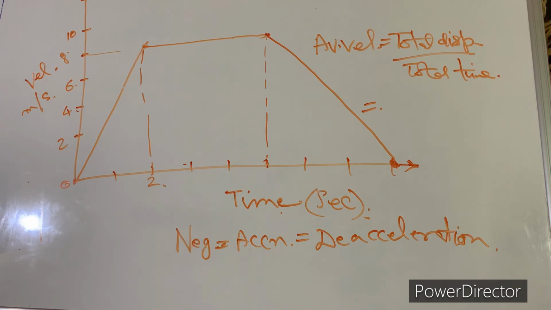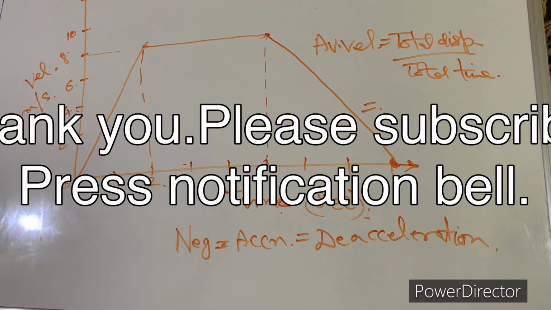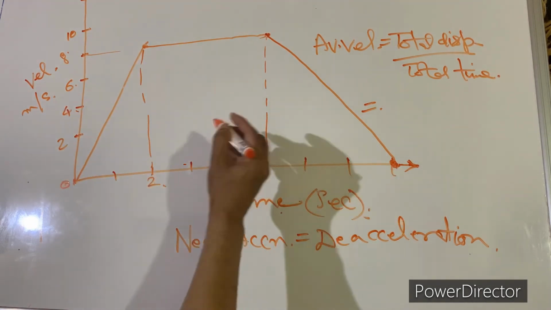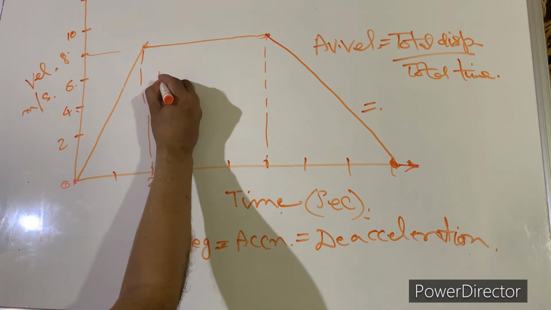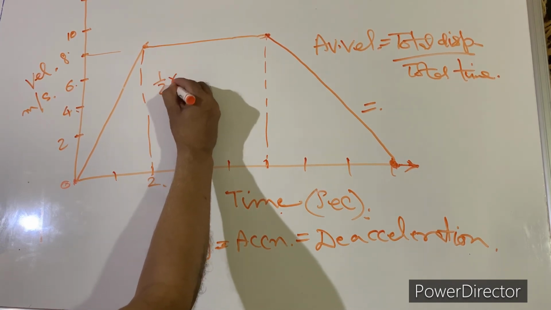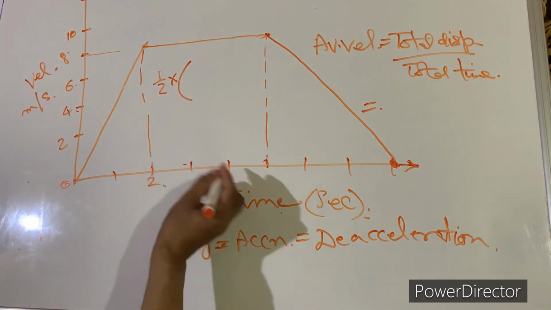Now what is the area of a trapezium? Area of a trapezium is half into the sum of the parallel sides into its height. Hence, the area of the trapezium will be half multiplied by the sum of the parallel sides.